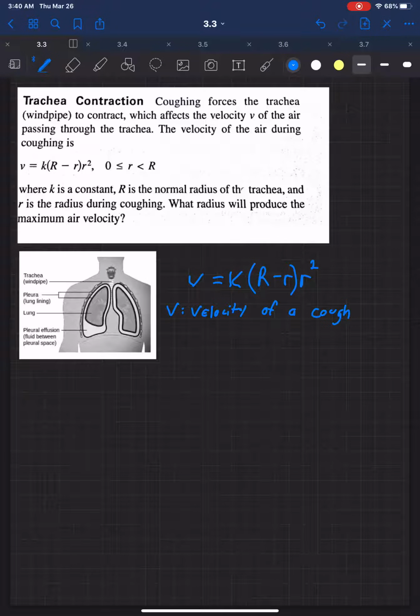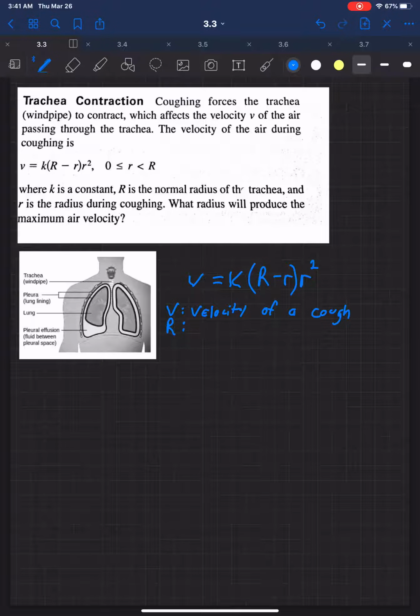All right, and what is little r and what is big R? Let's start with big R. As I was saying, obviously when you cough, the trachea contracts, right? So you could think of the radius of your windpipe contracting during a cough.